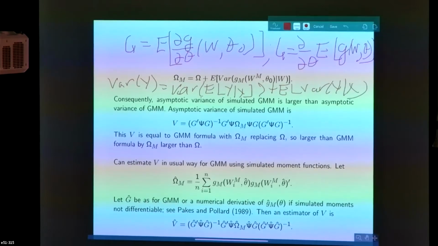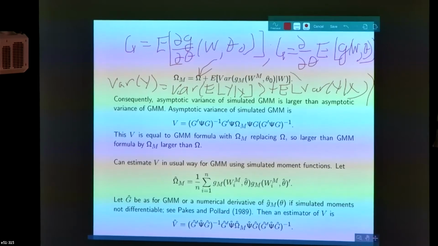You can apply this decomposition where x is the data, and so the expectation of y is the expectation of the moment functions given the data, that's just g.